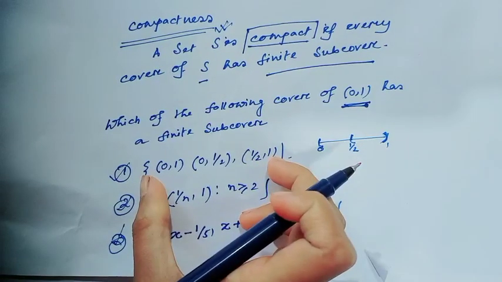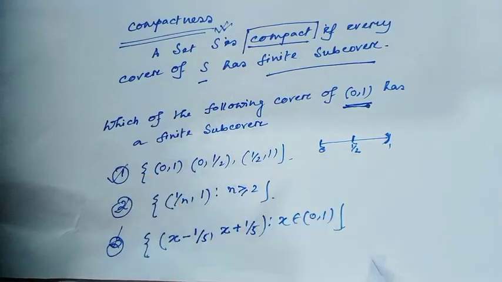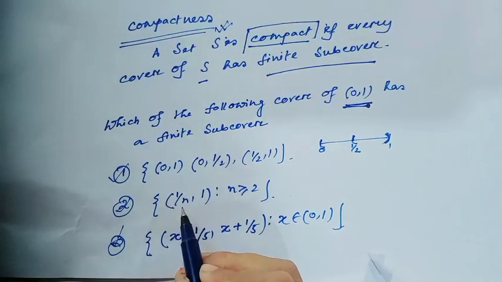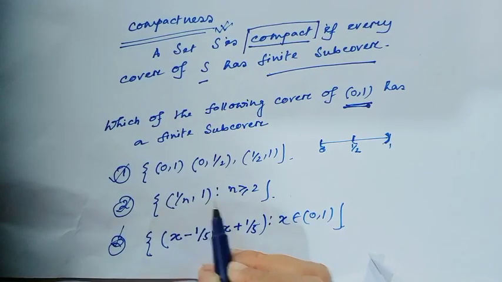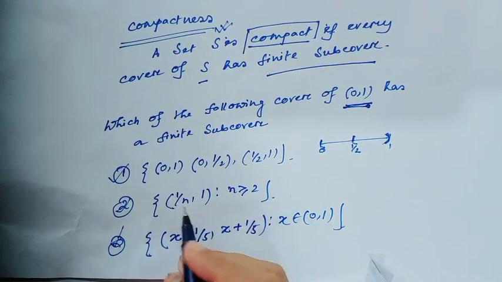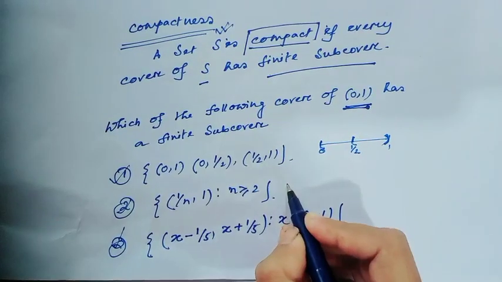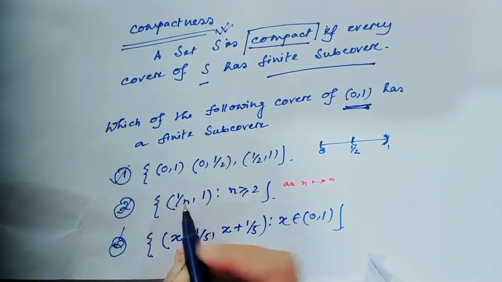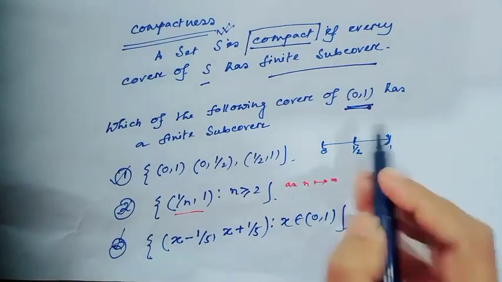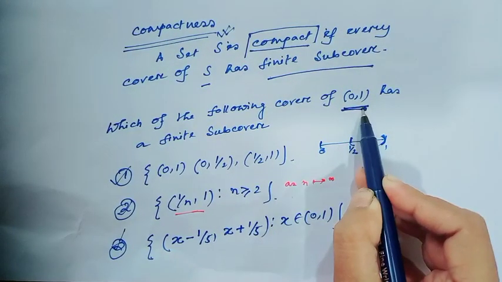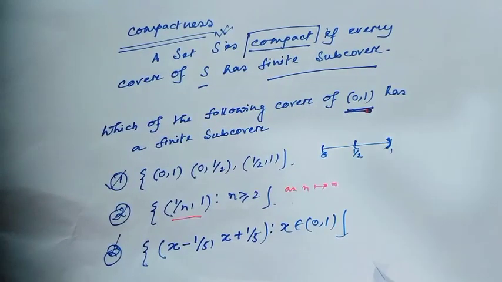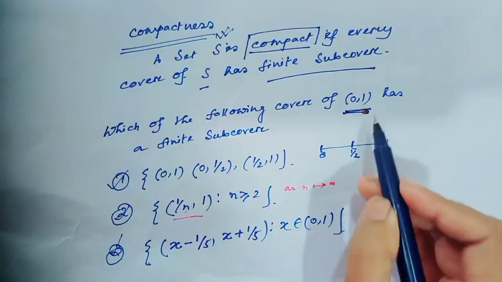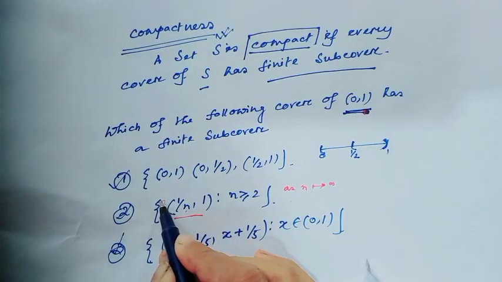And since this contains a finite cover, there always exists a finite subcover. And notice the second, (1/n, 1) where n is greater than or equal to 2. Here as n tends to infinity, obviously this tends to 0, and obviously this covers the whole interval (0, 1). But here we cannot get any finite subcover which covers the open interval (0, 1) if we take this cover.